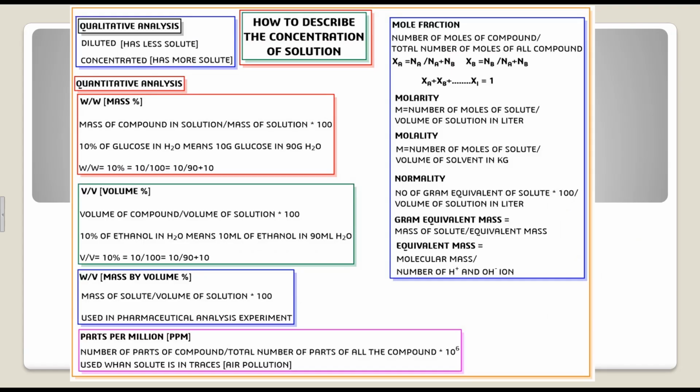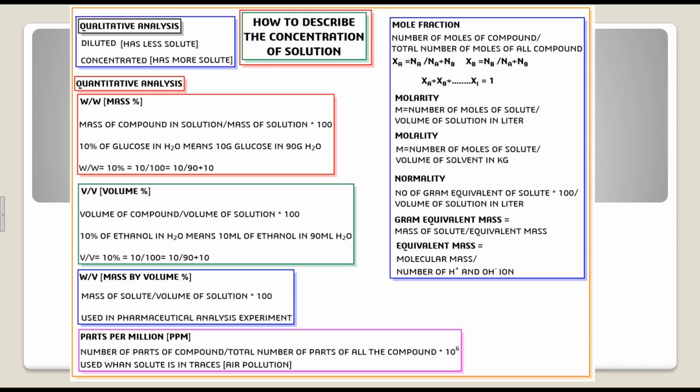When we express the concentration of a solution, there are two approaches: one is qualitative analysis, the other is quantitative analysis. Through qualitative analysis, we can express the concentration as a diluted solution or a concentrated solution.